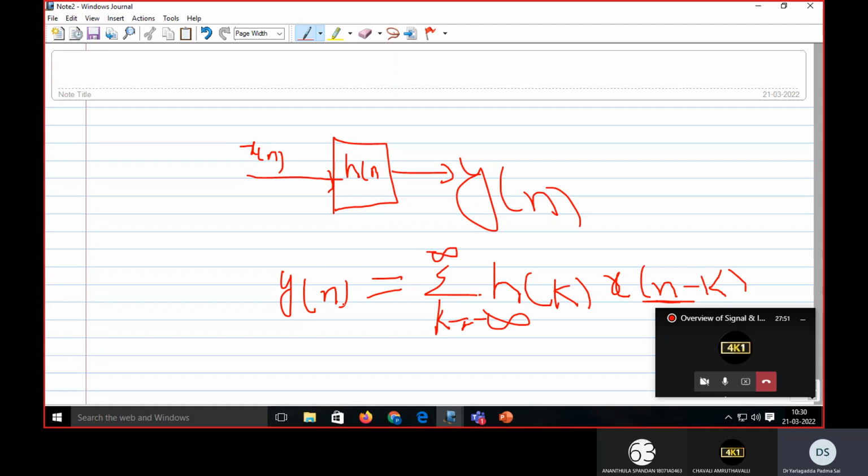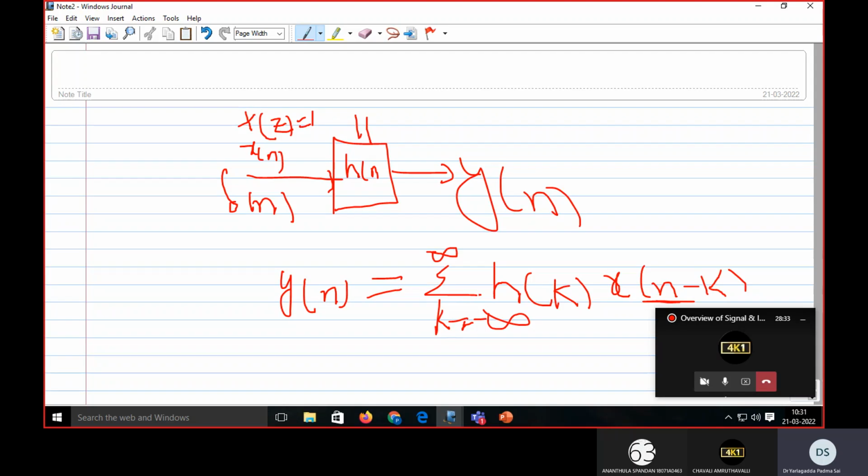Now what is meant by response? Here you are applying some arbitrary input and calculating the response of the system by using convolution. For example, I am applying my input as delta n. According to properties of convolution, when you are applying delta n as input, whether you calculate Z transform or Fourier transform, whatever transform, for delta it is 1.